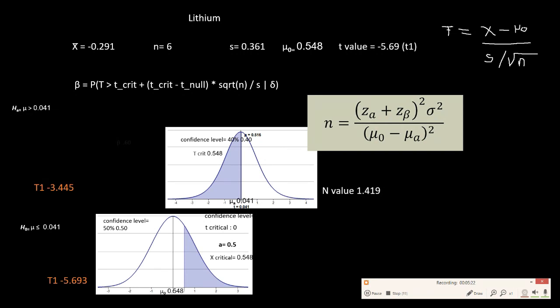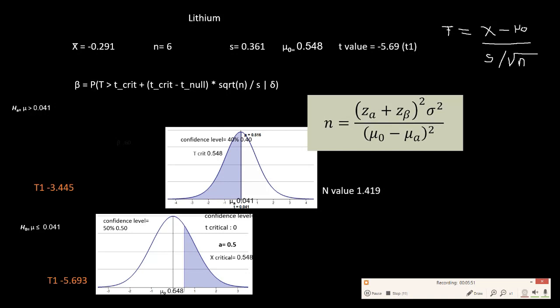The true mean, the average health index, will be 0.041.